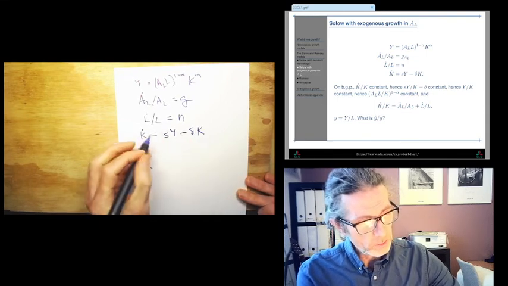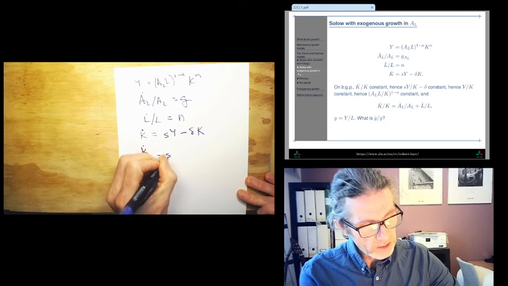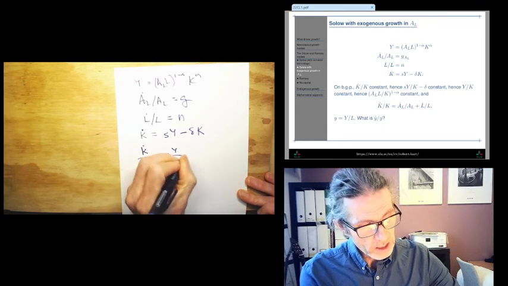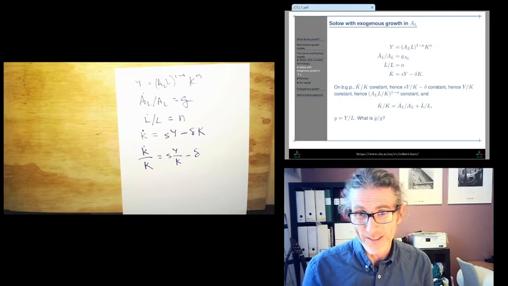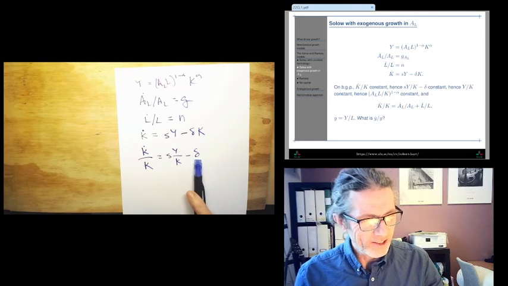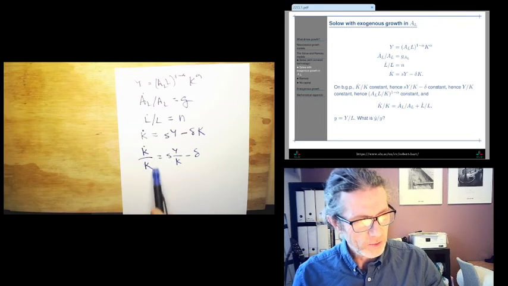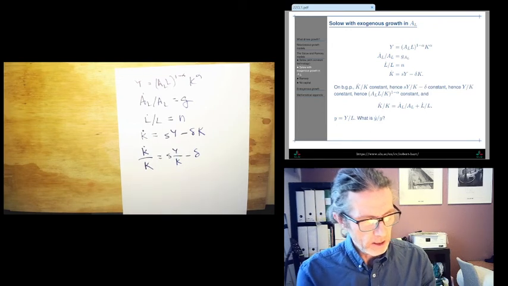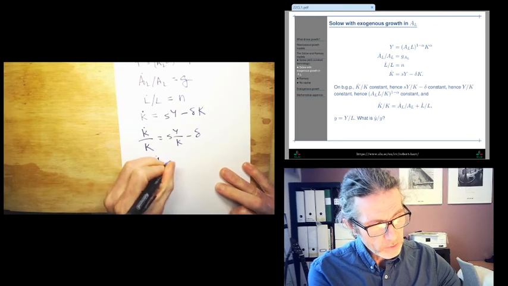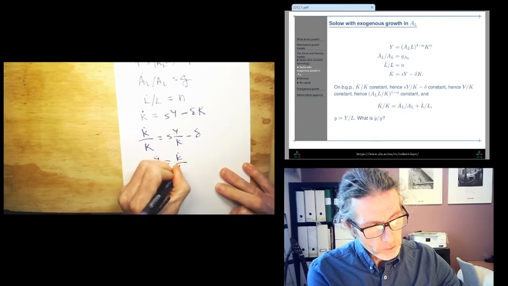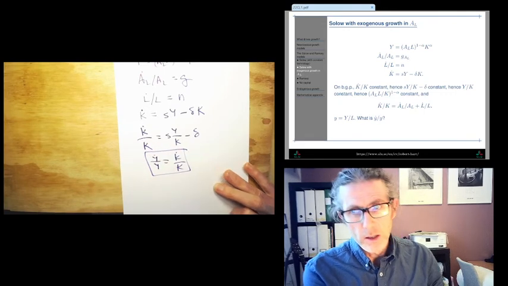But from this, we know that K dot over K is S times Y over K minus delta. Hopefully this looks familiar if you looked at the math video. Delta is constant, S is constant, this is constant. That means that Y and K must be growing at equal rates. Y dot over Y must be the same as K dot over K.